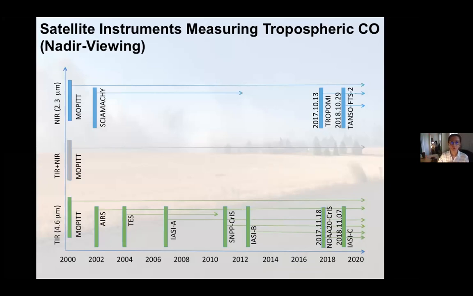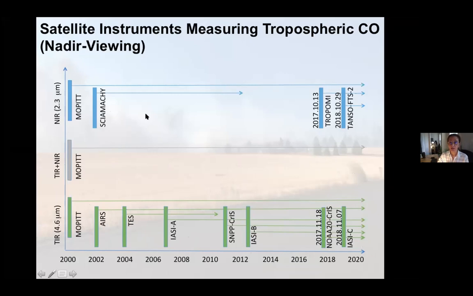So going back to MOPITT, you can see that MOPITT operates, as I said before, in the thermal infrared, the near infrared, and multispectral. And then the other instruments that followed, you can see in here, you have AIRS, TES, the three IASI A, B, and C, the last launched a year ago or so. And then we have no other multispectral instrument.